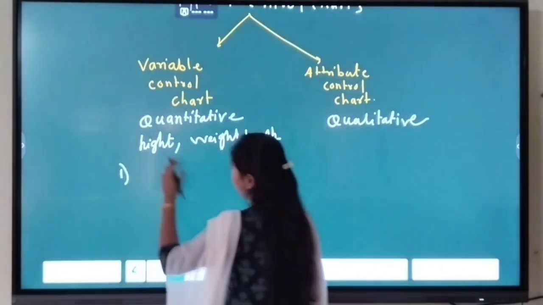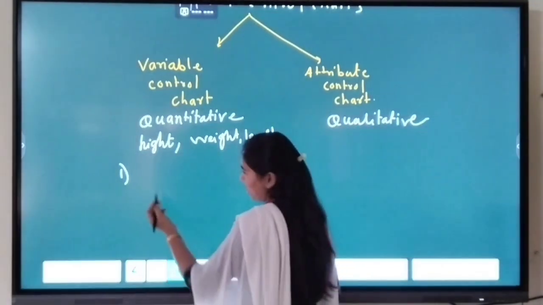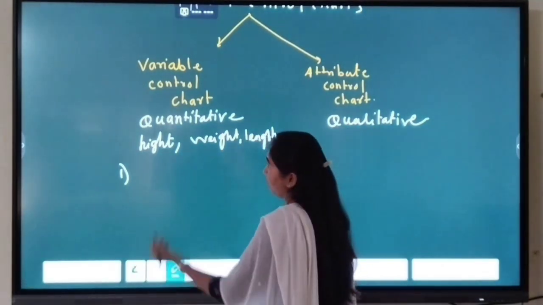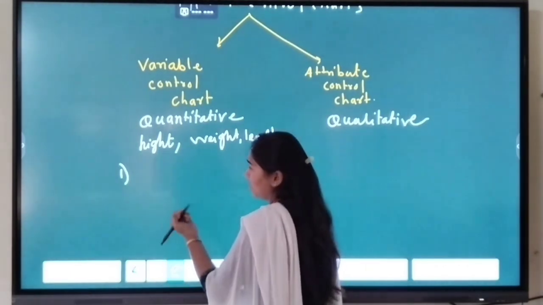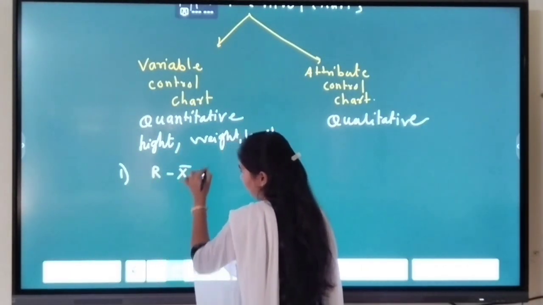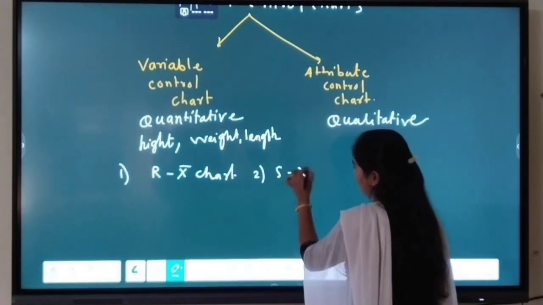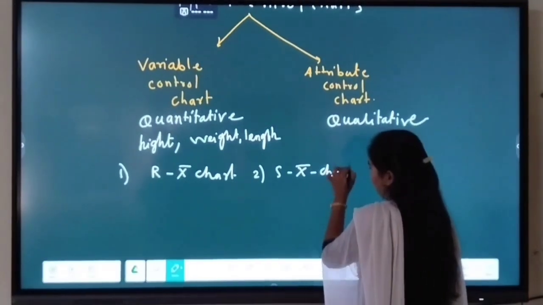The characteristic under study is quantitative, that is a continuous variable like height, weight, length. Then we use a variable control chart. There are two types of control chart, that is the R and X bar chart, and next one is the S and X bar chart.